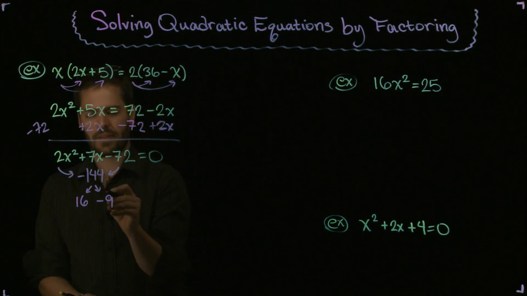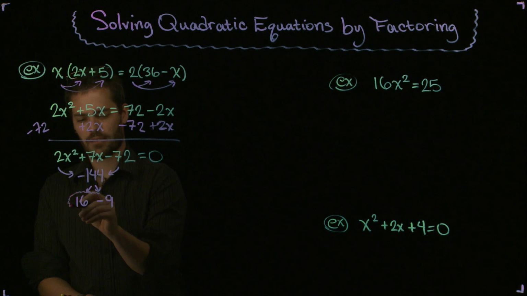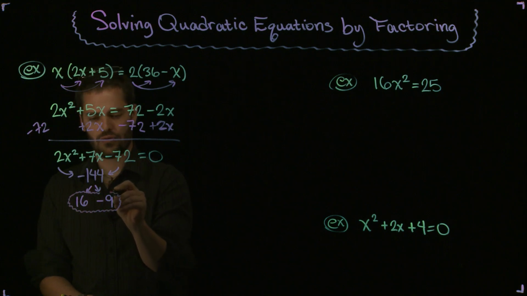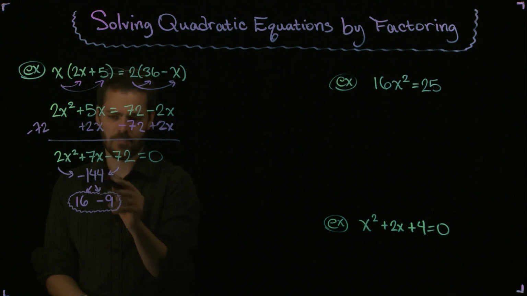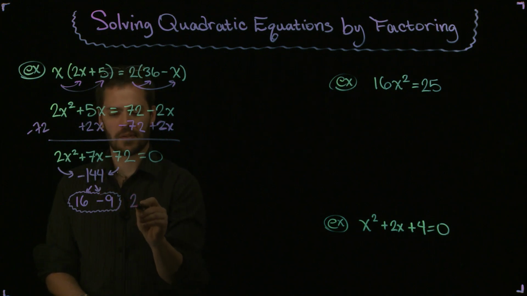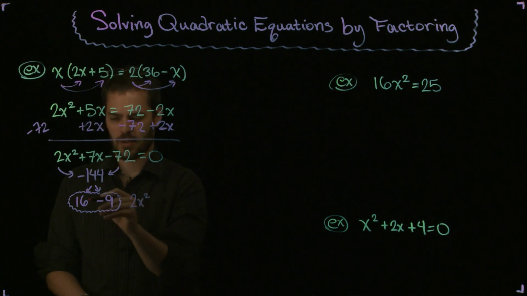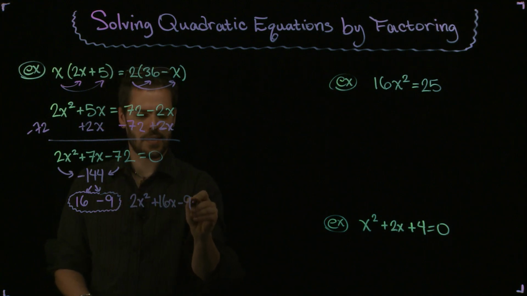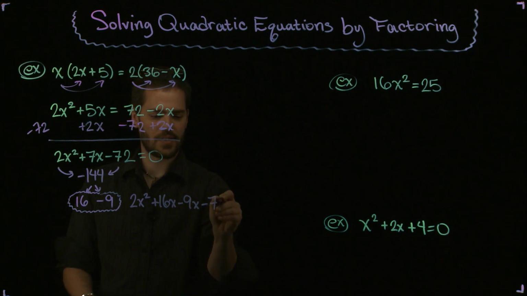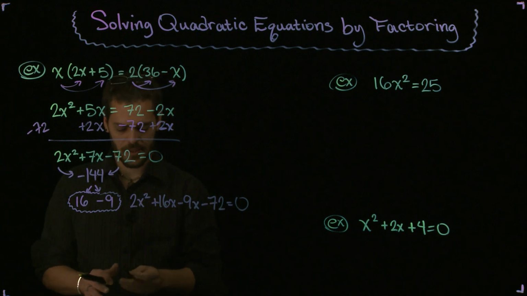Now, for method number 2, what we do with those two numbers, remember, is expand the middle term. So this gives me 2x squared plus 16x minus 9x minus 72. All of that is still equal to 0. We're just trying to factor this.